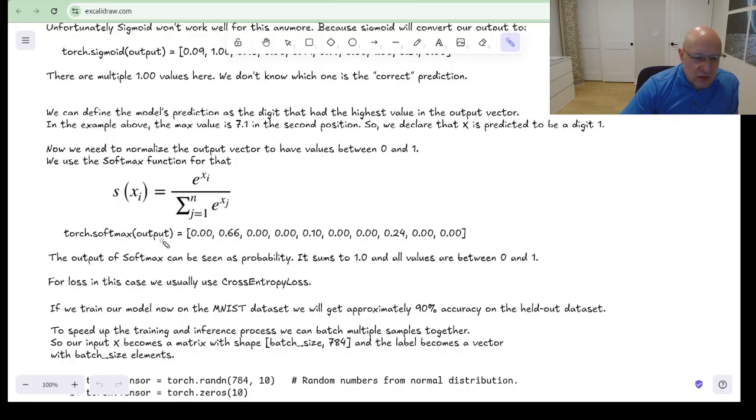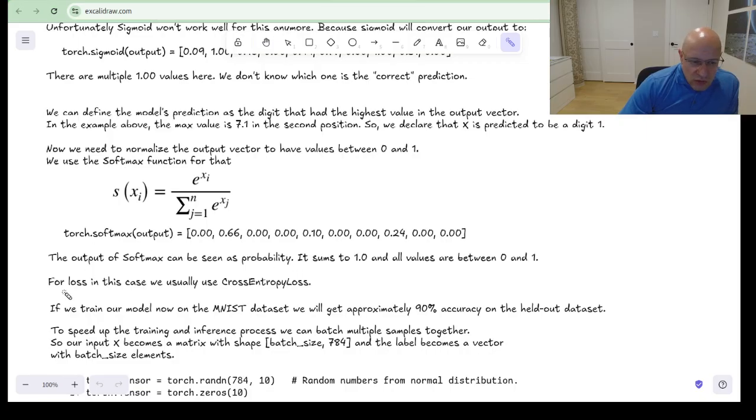Also, the opposite of exponentiation is the logarithm, and logarithms have this nice property: the logarithm of two numbers multiplied by each other is just the sum of the individual logarithms of these numbers. This property is often used in machine learning, where we want to avoid the expensive multiplication operation and use a summation instead. So we very commonly use this softmax.